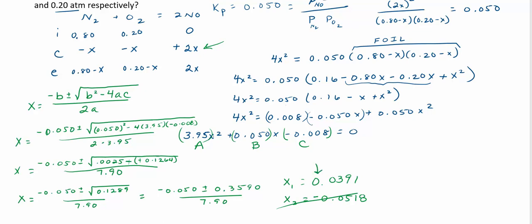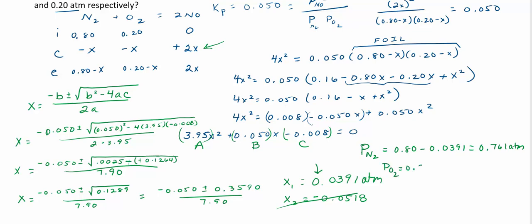So at equilibrium, the concentration, the pressure, not concentration. The pressure of the N2 is going to be equal to 0.8 minus 0.0391. So I would get a pressure of 0.961 atmospheres at equilibrium for N2.